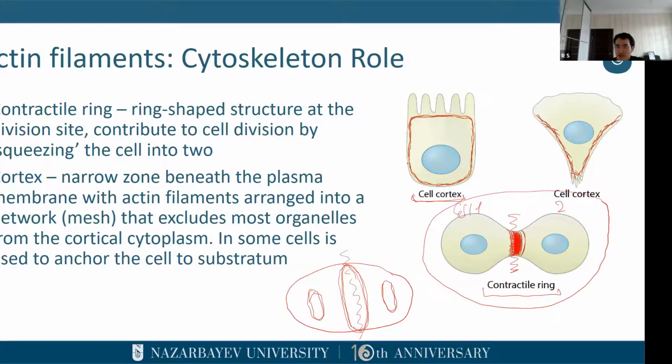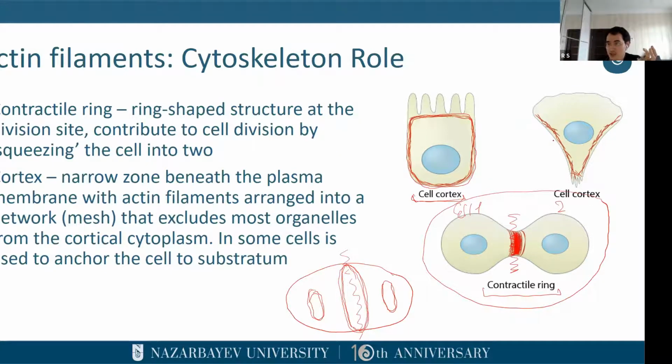And finally, we have the cell cortex. So the cell cortex is everything that keeps the cell shape. And you can also see microtubules here. So this is the real carcass or, let's call it, exoskeleton of the cell.